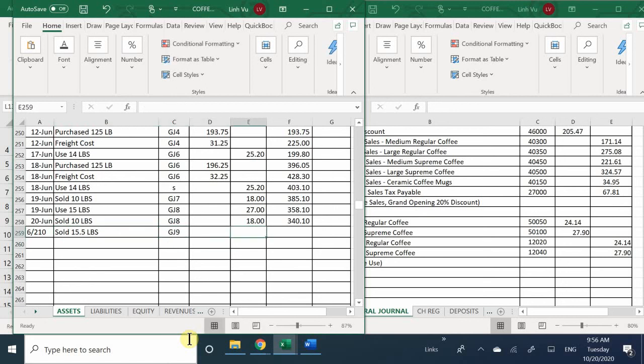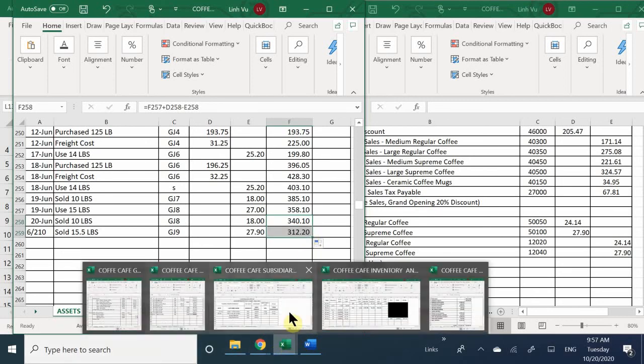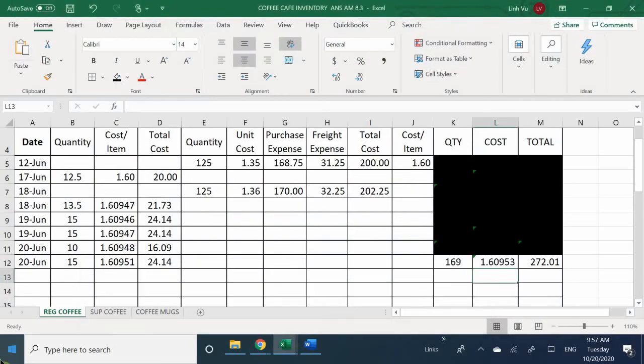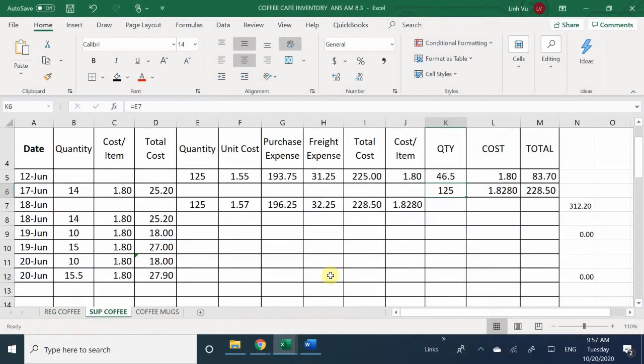So how much was my 15.5 pounds for? 27.90. Bringing my new grand total to be 312.20, which matches our inventory on hand worksheet. For Supreme Coffee, we calculated that it should be 312.20.